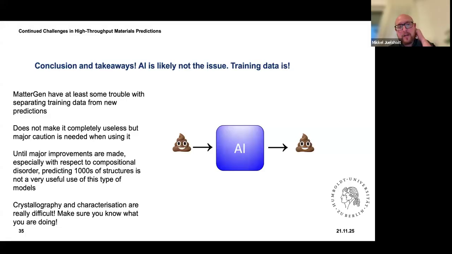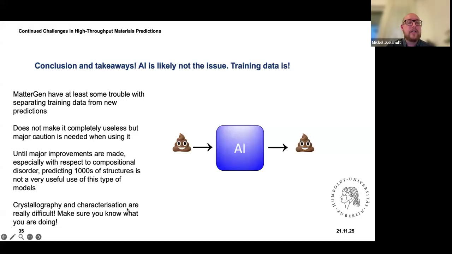It doesn't necessarily mean that MatterGen is completely terrible and we can't use it for anything, but we just have to be really aware that this is a problem for the model. And you really have to be careful, especially when you are dealing with compositionally disordered materials. But predicting thousands of new structures with this model is just not a very good way of using it, because you have to manually check that everything is correct, right? Because it might just be wrong.